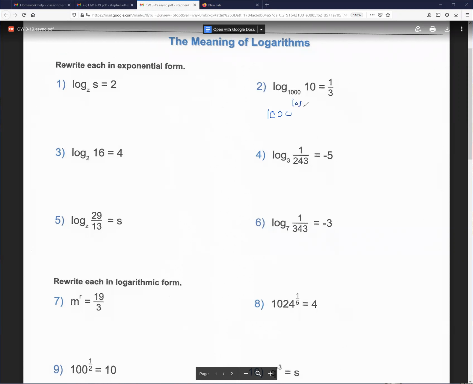So we write 1,000 to the log base 1,000 of 10 is equal to 1,000 to the 1/3. And the 1,000 to the log base 1,000 of is going to knock itself out, and we're left with 10 equals 1,000 to the 1/3. And that is our process. That's how we're going to do every single one of these.